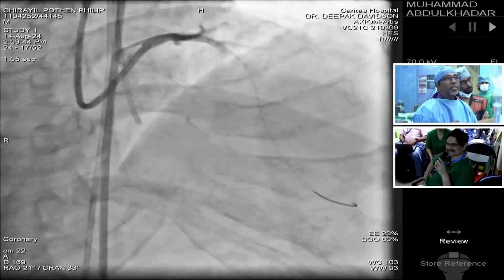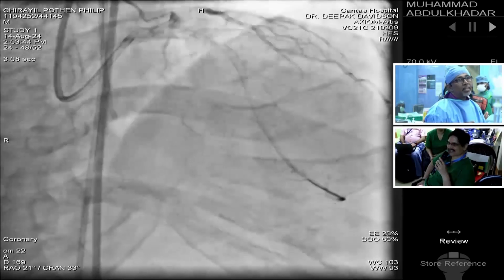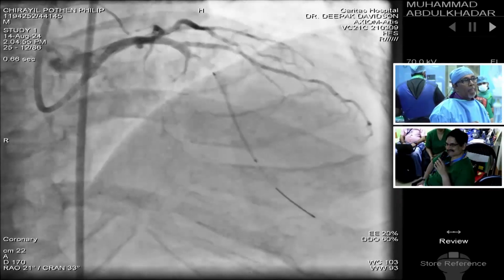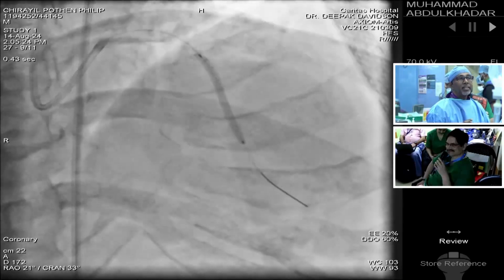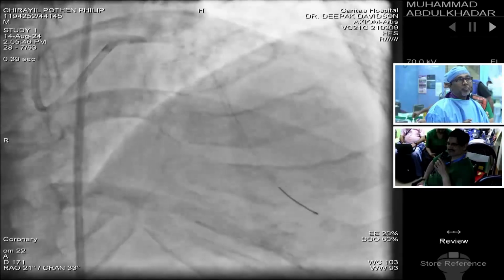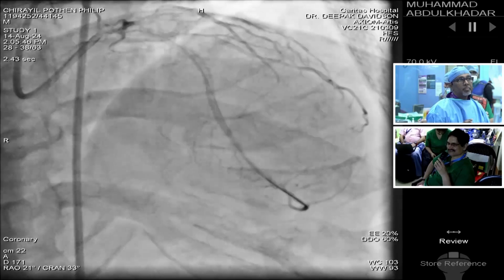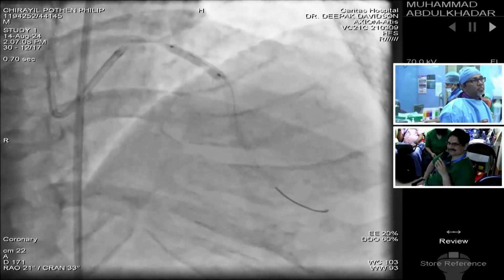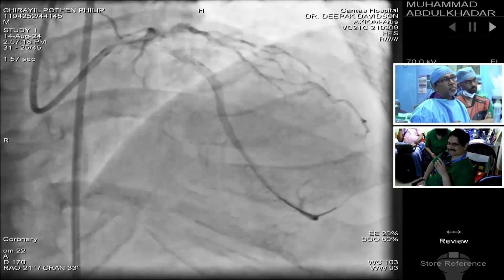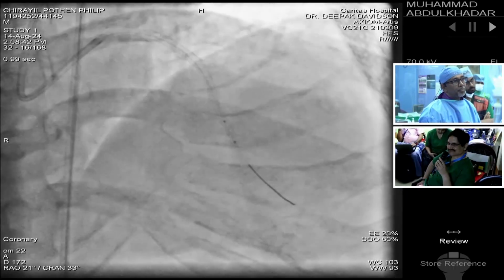Because it was a CTO, it was done with IVUS guidance. So today we are planning to have the RCA done. Good result. Very good.